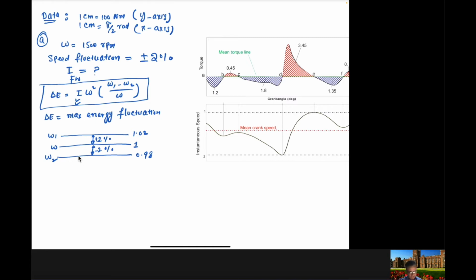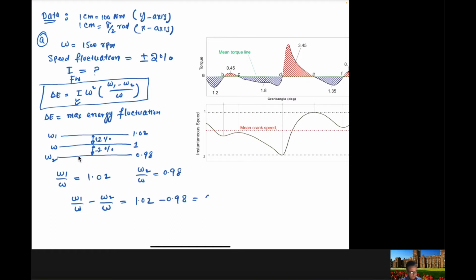Okay, so what does it mean? Omega 1 divided by omega will become 1.02, and similarly omega 2 divided by omega will become 0.98. So then if you subtract omega 1 divided by omega minus omega 2 divided by omega, it will become 1.02 minus 0.98.